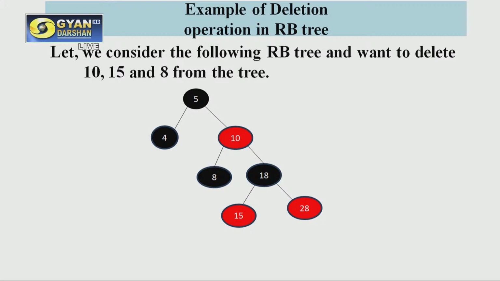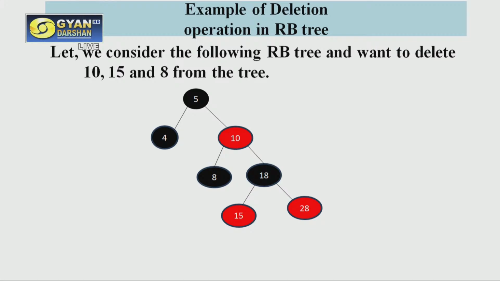And also the smallest path length is not less than half of the longest path, or we can say the longest path from root to leaf node is not more than double the shortest path. So now we want to delete, say, first 10, then 15, then 8.